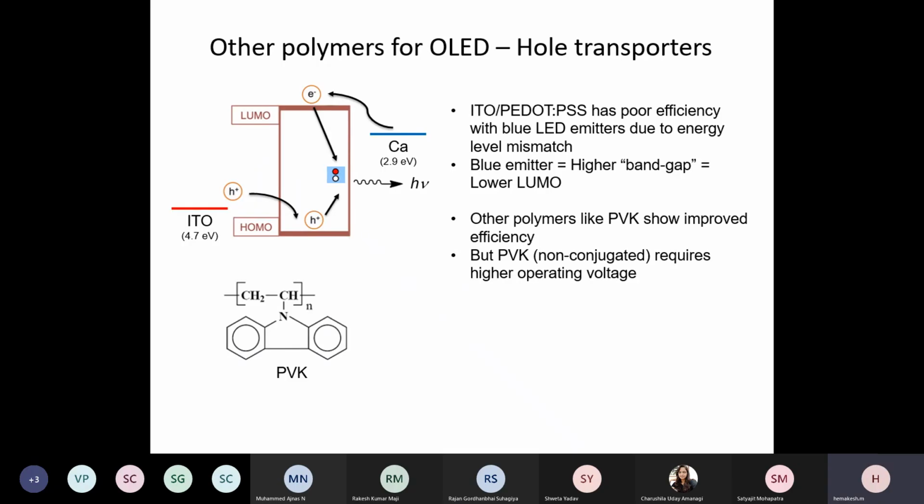The other polymer that is used to improve efficiency of blue LED specifically. So blue emission requires high band gap, and that means the LUMO is going to be higher. Sorry, let me think.